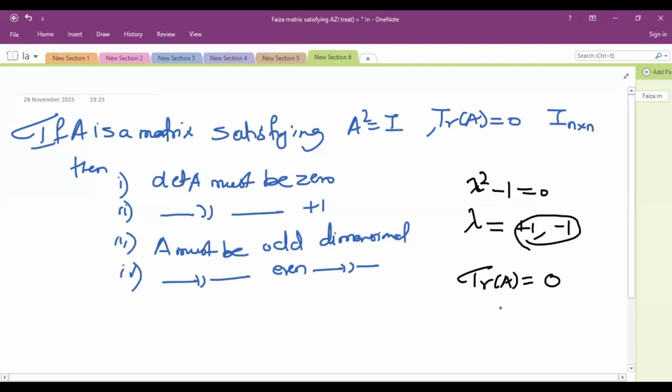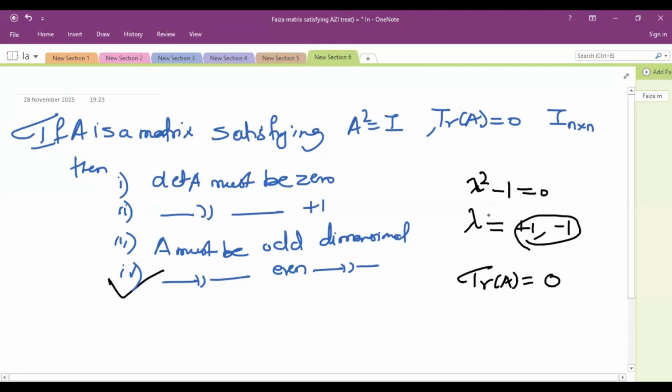And this will happen only if the matrix is of even dimension. Is that making sense? So I'll repeat this.